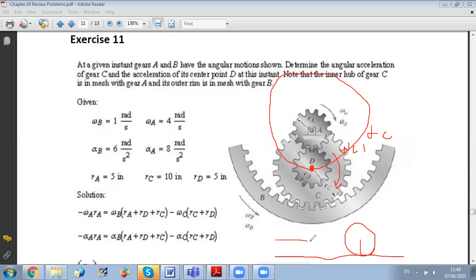So C will move along a straight line. Here it's different because this is in mesh with a gear. So this distance is constant, but because this line has a circular form, D will move along a circle, of center A and radius RA plus RD.